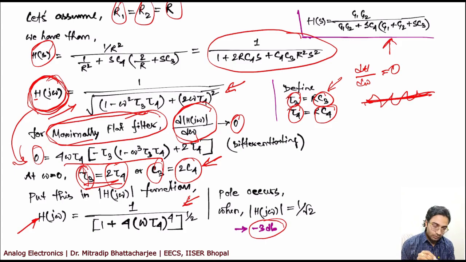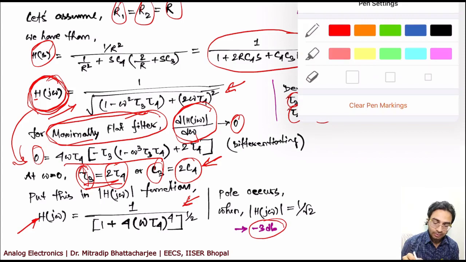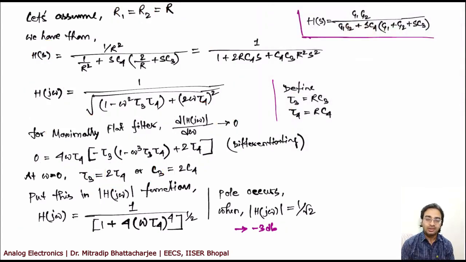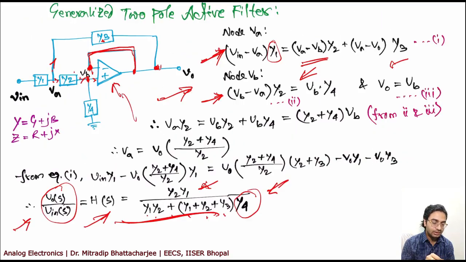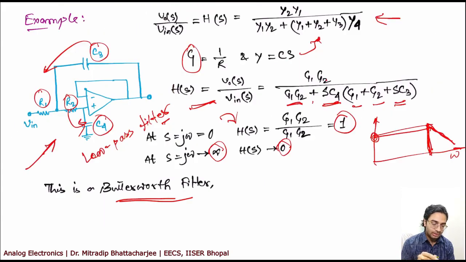So this is one condition that you find from this transfer function, that for the minimum amount of ripple, this is the condition that you have to hold in case of the generalized filter we just have seen. In case of this generalized filter, or better to say this filter, because we are considering this filter currently, right?